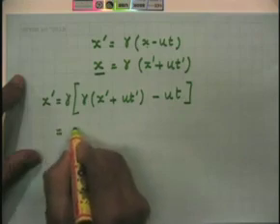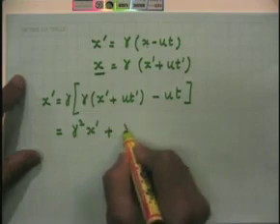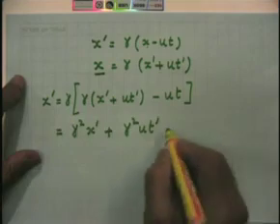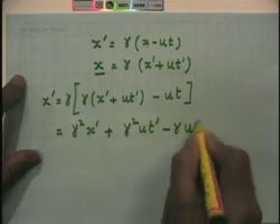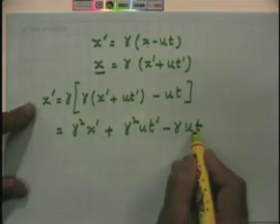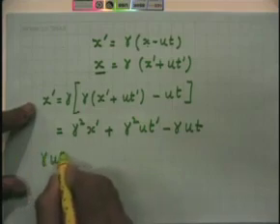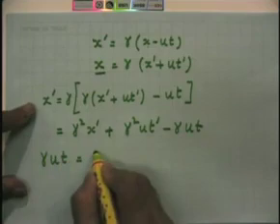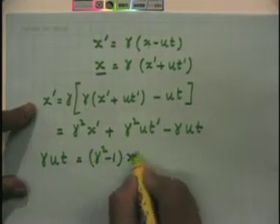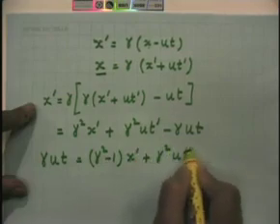This will be gamma squared x prime plus gamma squared u t prime minus gamma u t. You take gamma u t on this side. So, this will be gamma squared minus 1 times x prime plus gamma squared into u into t prime.